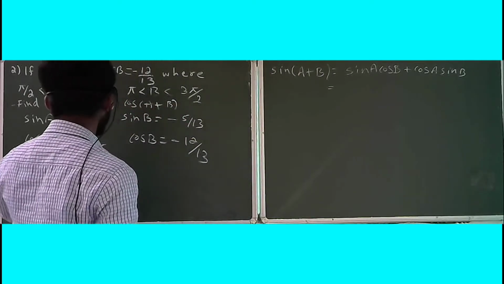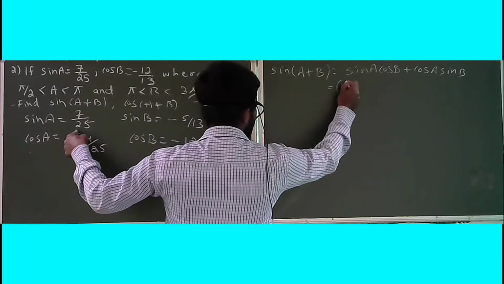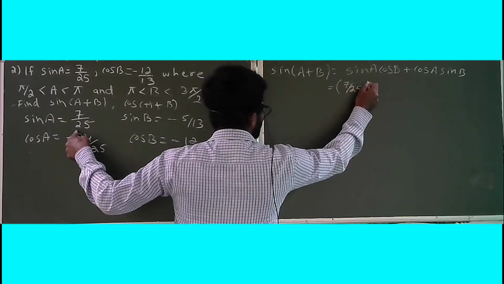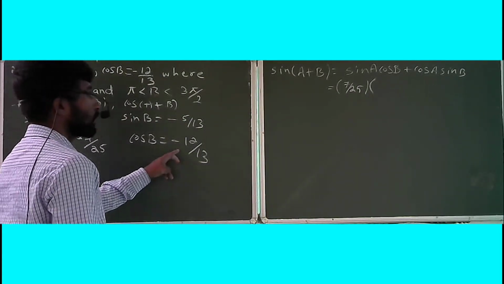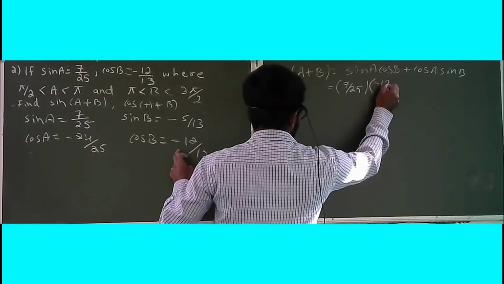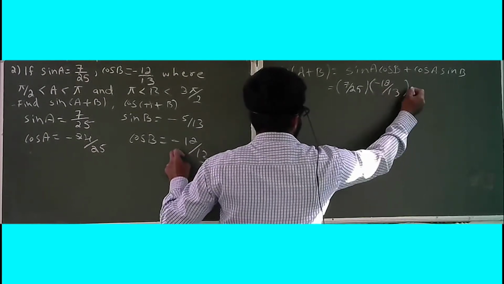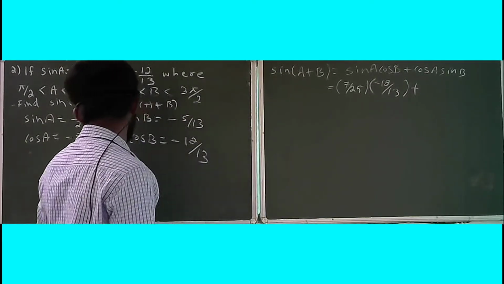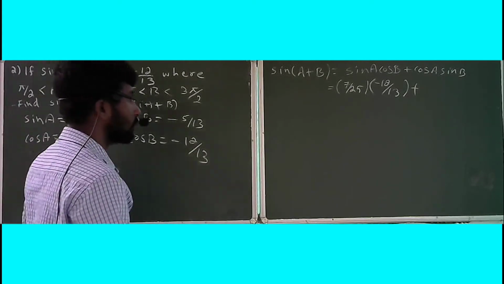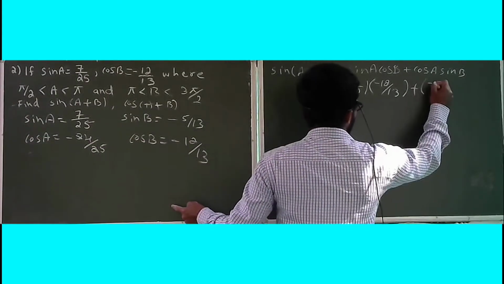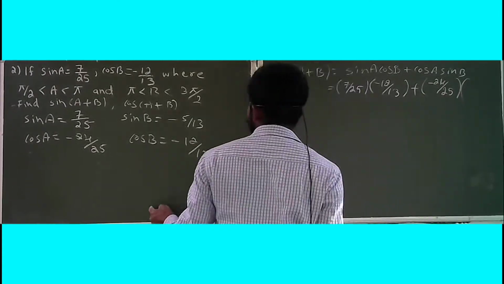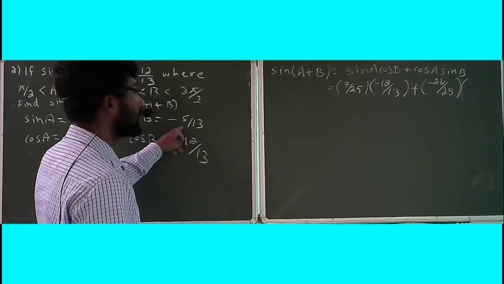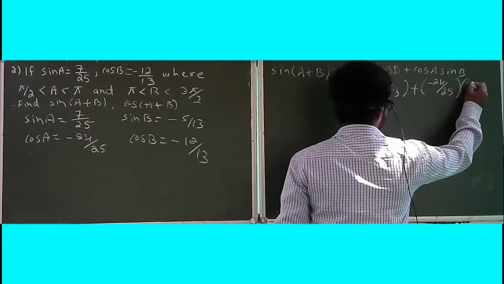Sin A value 7 by 25 into cos B. Cos B value is equal to minus 12 by 13, plus cos A value. Cos A is minus 24 by 25 into sin B. Sin B value is equal to minus 5 by 13.